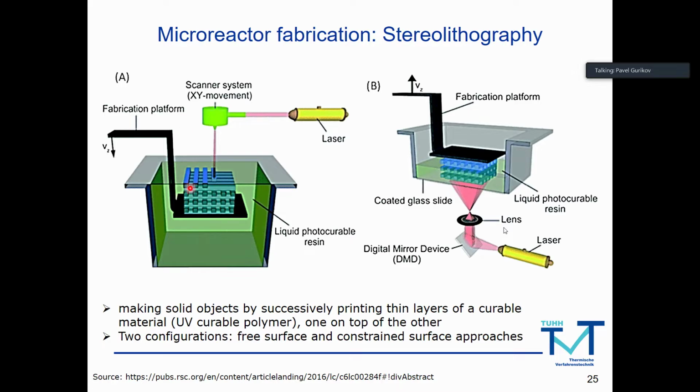And then, of course, by moving this platform on which you print, you can induce polymerization of the solution at various spots. By moving this platform in the X and Y direction, you can print one layer. Once one layer is done, you move the platform a little bit down, or in this case, you just lift it up, and then print another layer.